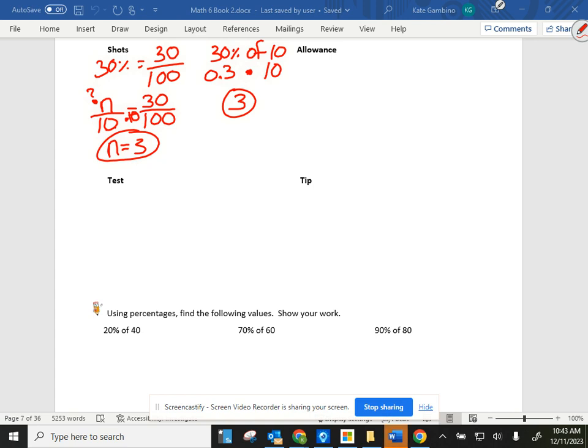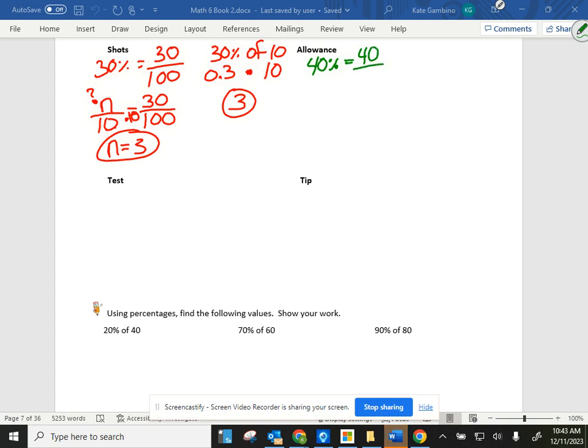Let's look at our next one. Let's look at the allowance. His allowance for the month is $50, and he spent 40% of it. How much did he spend? So if we're looking at those percentages, 40% is what fraction? Zelda? 40 over 50.